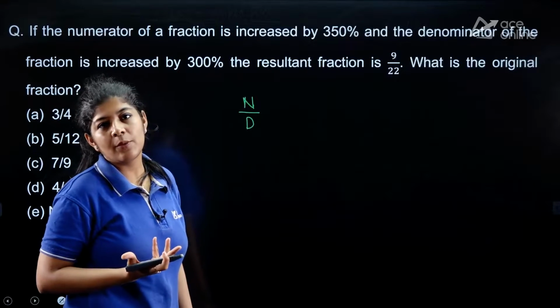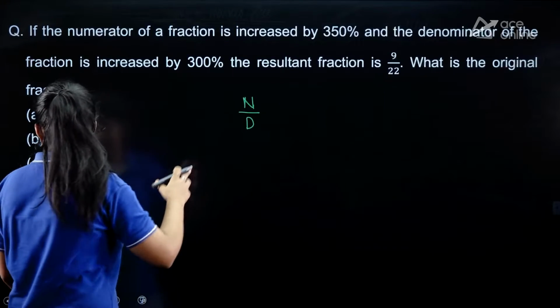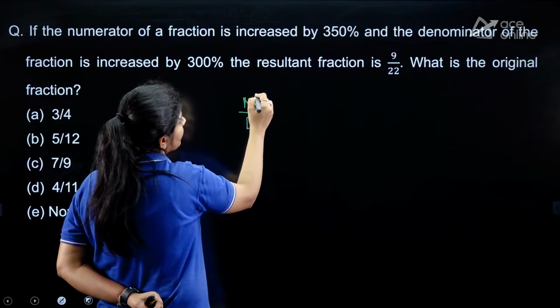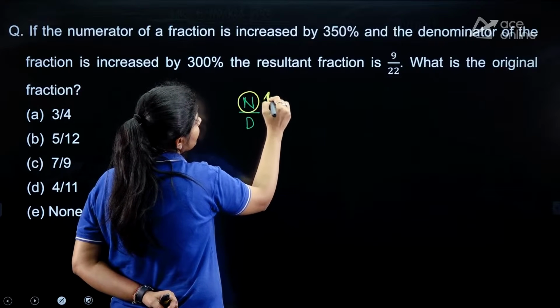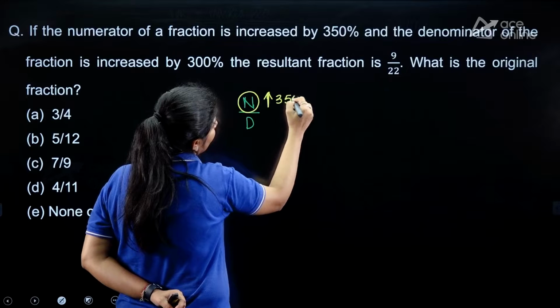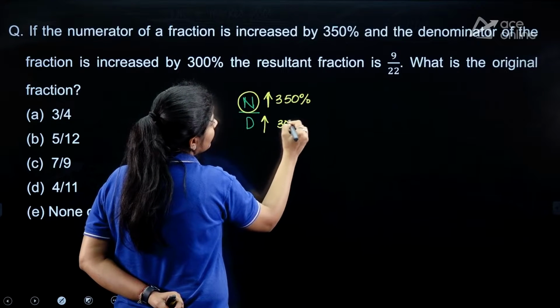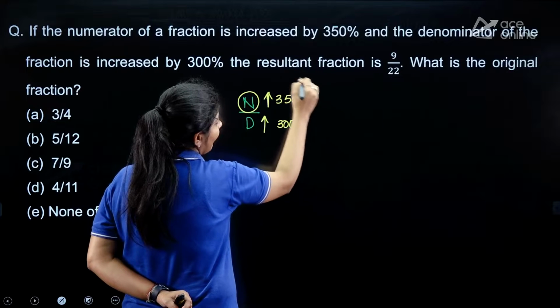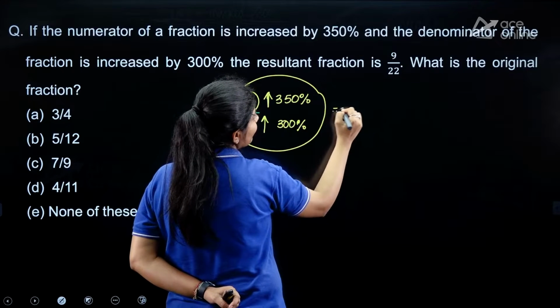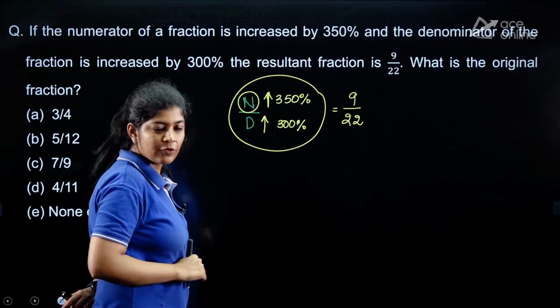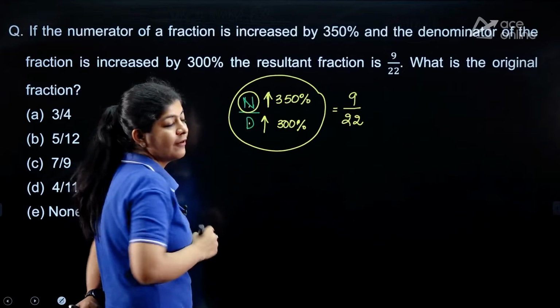There are certain operations we need to do with this one. According to the question, the numerator is increased by 350% and the denominator is also increased by 300%. After all this, the value becomes 9 by 22, and we need to find the actual fraction.